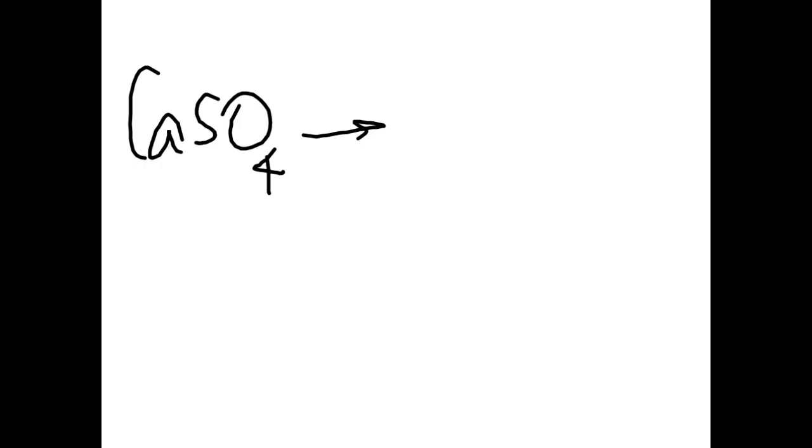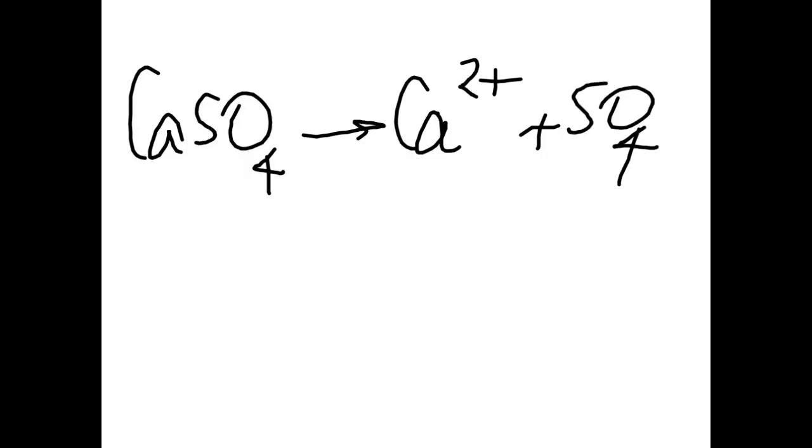Calcium sulfate. Well, let's see. What is the charge on the sulfate? Minus 2. So you get a calcium and you get a sulfate. Is that what you all got? So that's a total of how many particles? 2. Is everybody with me, please?